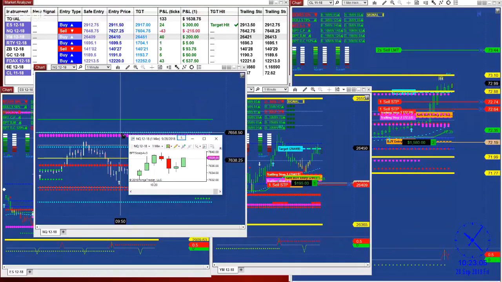They are the same number. Have you noticed the NT7 is one tick faster?